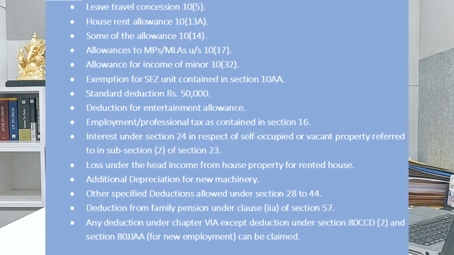Further, loss under the head income from house property in respect of rented house cannot be set off against any other head and would be allowed to be carried forward as per the law.